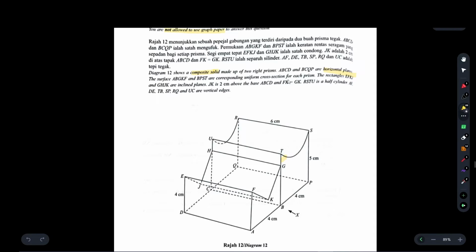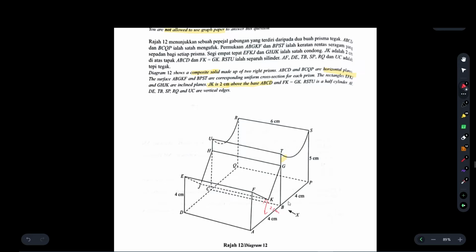It says that the rectangles EFKJ and GHJK are inclined planes. JK is 2 cm above the base ABCD, which means that JK is the line right here. So this line is 2 centimeters above the base.